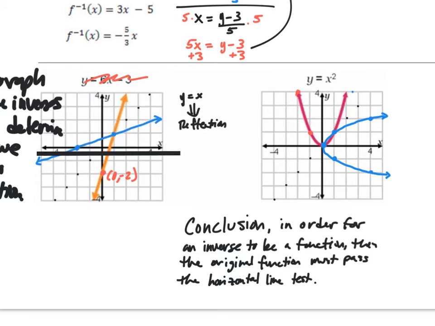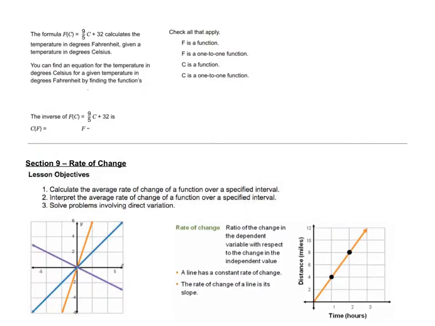And if it passes the horizontal line test, then I know that my inverse is a function. But right over here, what I notice is that this does not pass the horizontal line test. It intersects twice. Therefore, my inverse is not a function. That's all we're looking at.